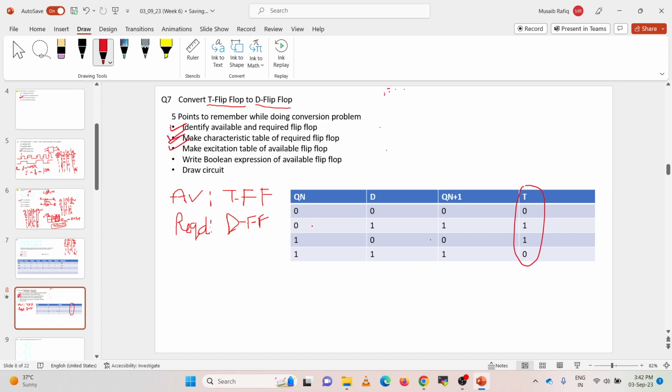Now what you need to do, you need to write the Boolean expression of the available flip-flop. So that is T equal to something, you need to write it. So you can draw a K map.